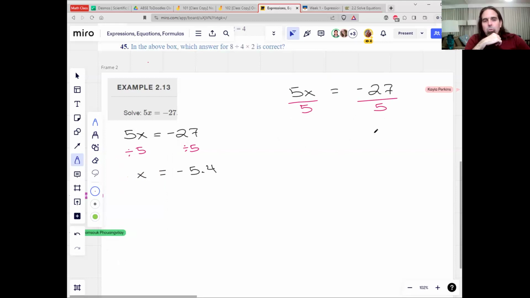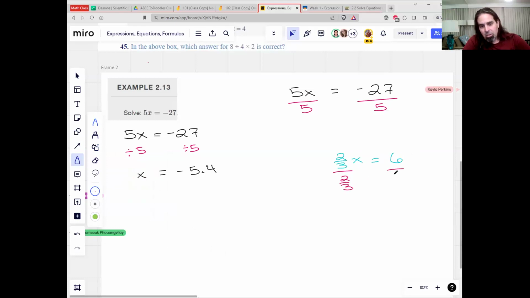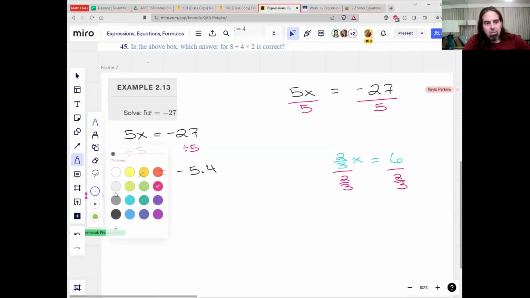The reason I don't do that is what if I had a different problem that was 2/3 x equals 6. Then if I do what you're just used to doing and say divided by 2/3 on both sides, then I get x by itself.